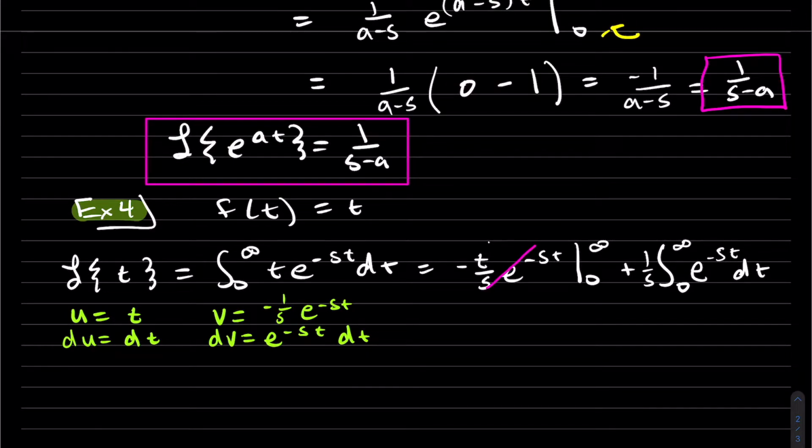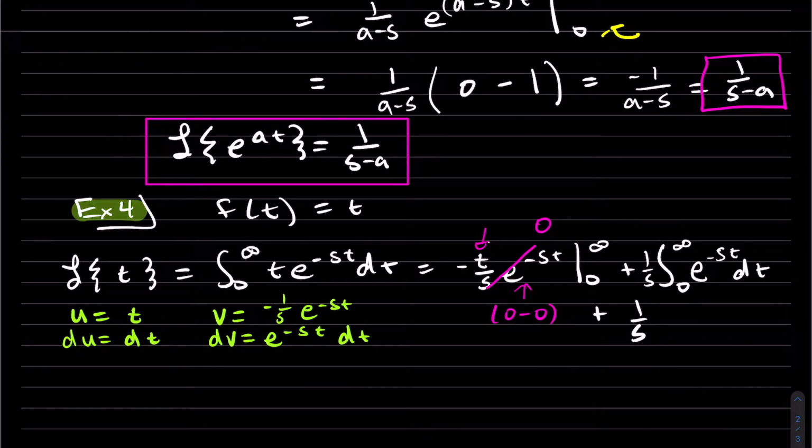And this goes to 0. When you plug in infinity, you would have to use L'Hopital's rule. You'd have infinity over infinity, making that go on the bottom, and then you would have 0 over infinity, which brings it to 0. Then you subtract 0, so 0 minus 0. We did that in the last section, a very similar situation with the gamma function.